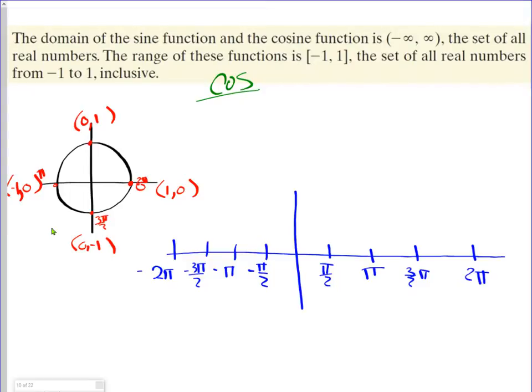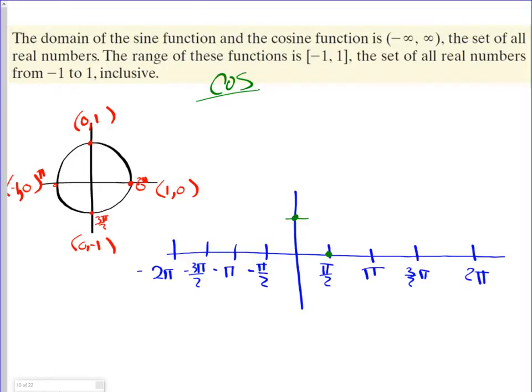What is my cosine value at 0 radians? It's 1. So here I'm going to graph a point there, okay? Now I want you to go over to pi halves radians. What's my cosine value there? 0. For those of you who aren't seeing it, at 0 radians, my cosine value is the x, which is 1. So I graphed it there.